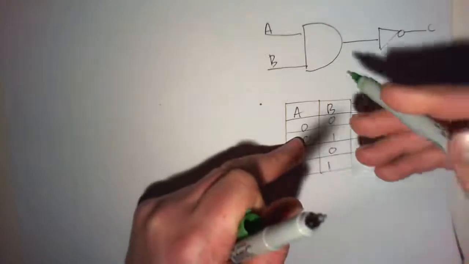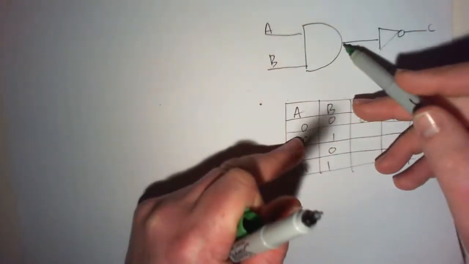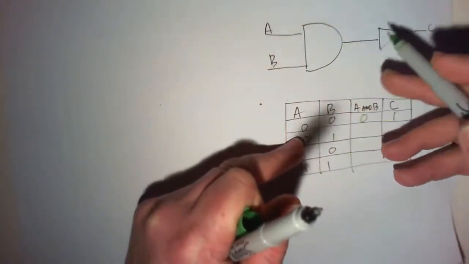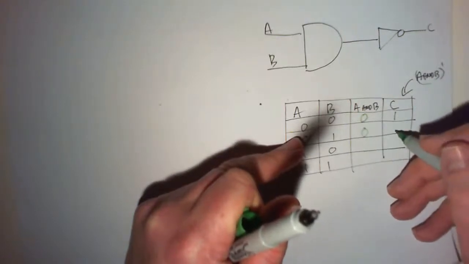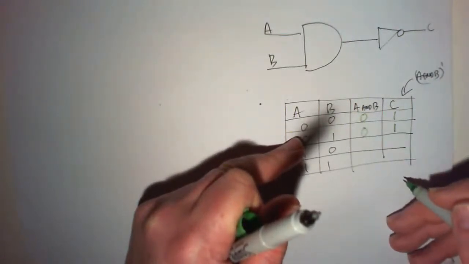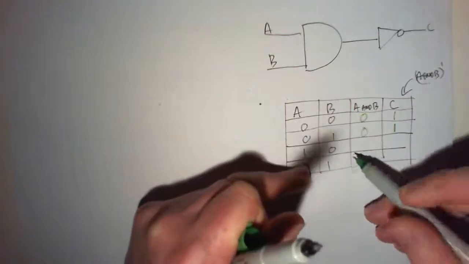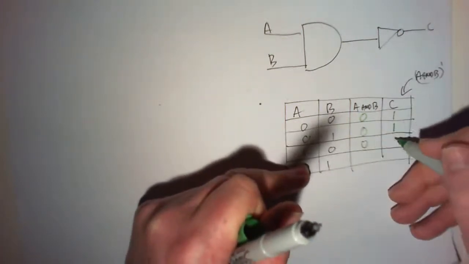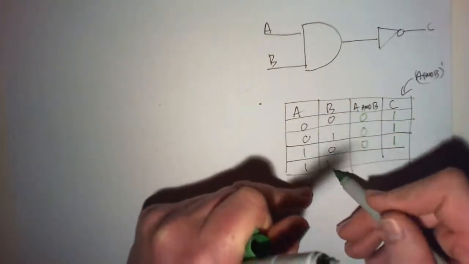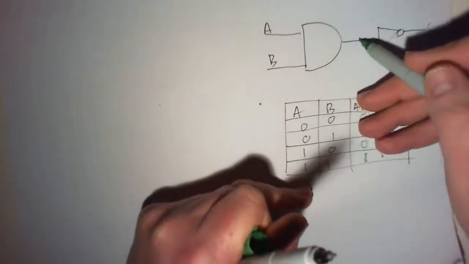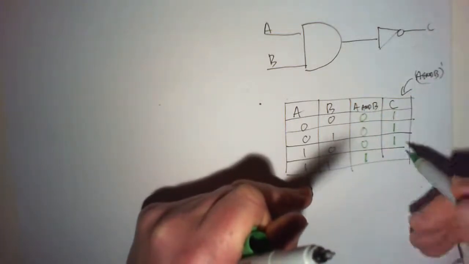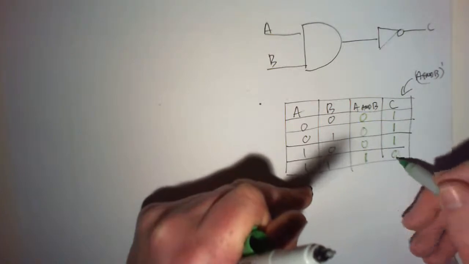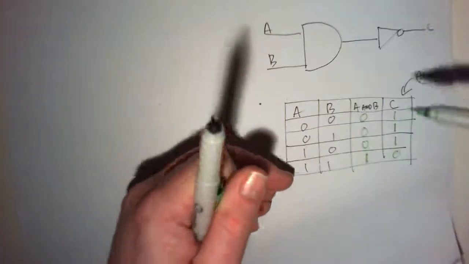If we put a 0 and a 1 through an AND gate, you're going to get a 0, which gives me a 1, because it's the opposite through a NOT gate. A 1 and a 0 is the same thing. Now, a 1 and a 1 will generate a 1 through an AND gate, but a 1 going through a NOT gate generates a 0. So there's your truth table for this little combination.